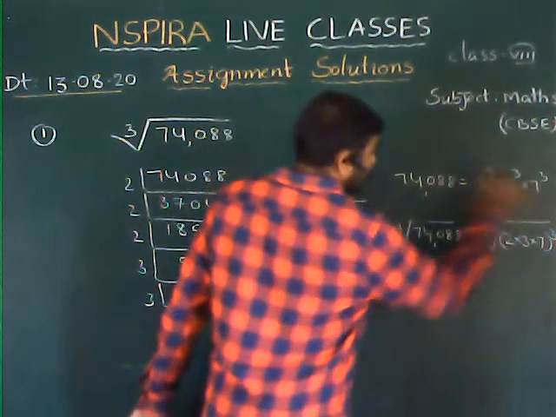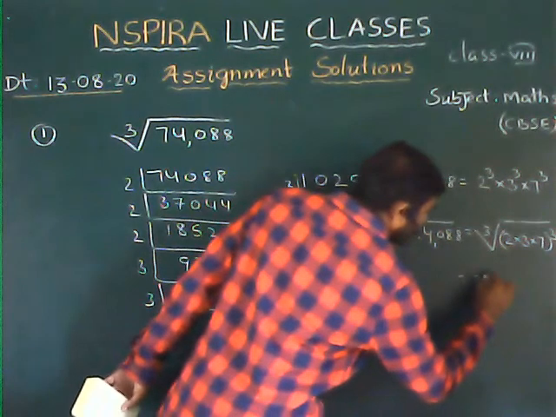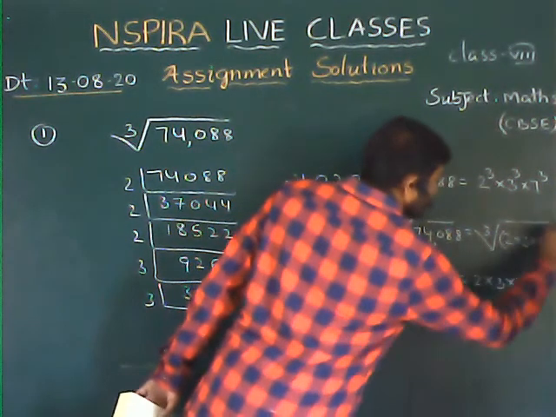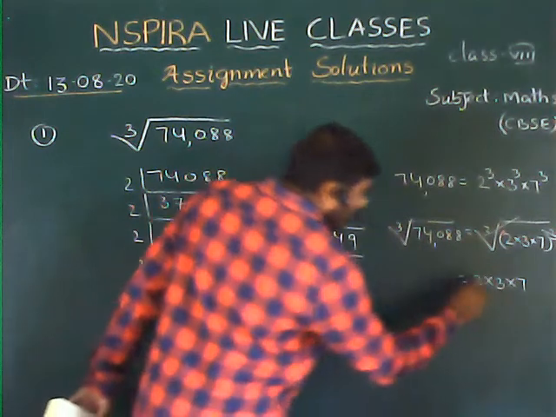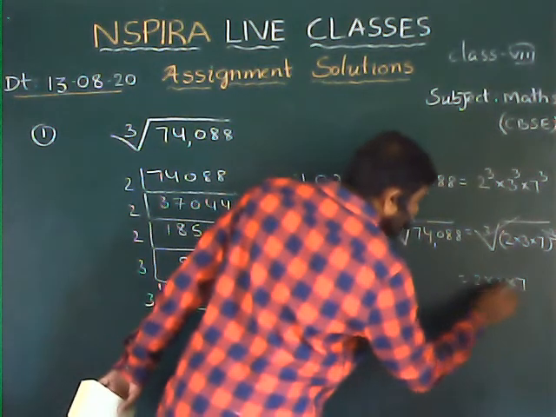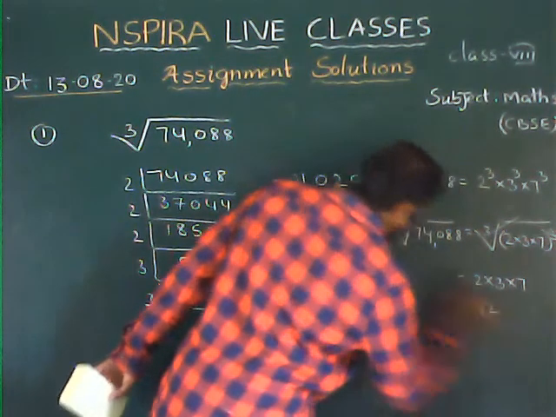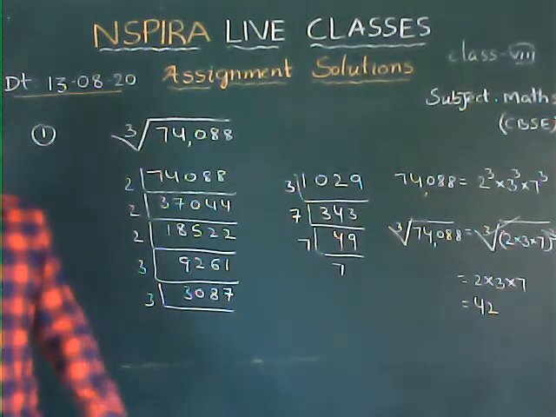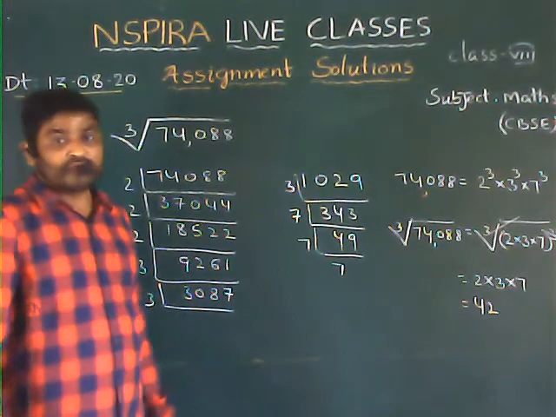The cube and cube root cancel, leaving 2 into 3 into 7. 2 3s are 6, 6 7s are 42. Therefore the cube root of 74,088 is equal to 42.